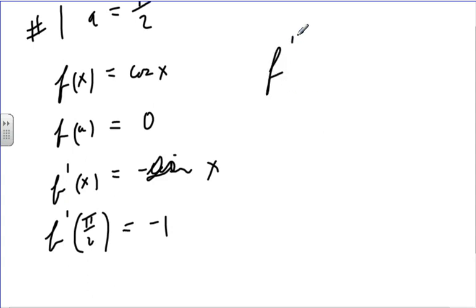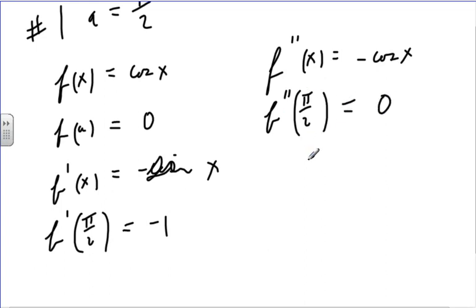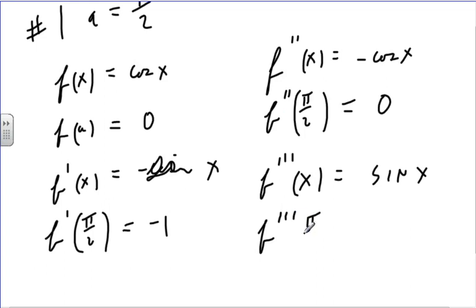And then f double prime x is going to be minus cosine. F double prime at pi over 2 is going to be 0. F triple prime x is going to be sine x. F triple prime pi over 2 is 1.